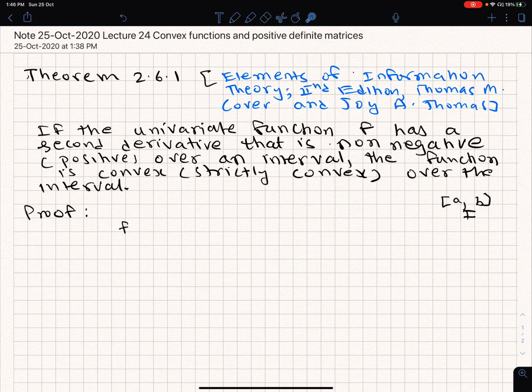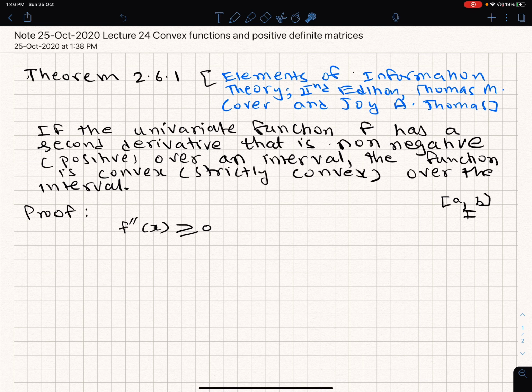So what we are saying here is that f double dash of x is greater than or equal to 0. The case listed in the bracket is for the strictly positive case. I will do only one case, which is greater than or equal to 0. The other one is left to you as an exercise.